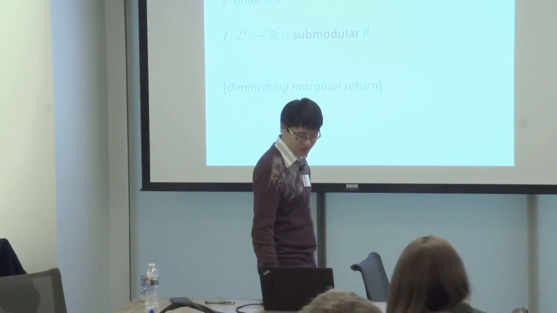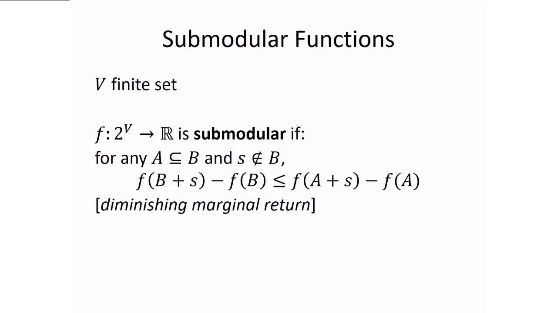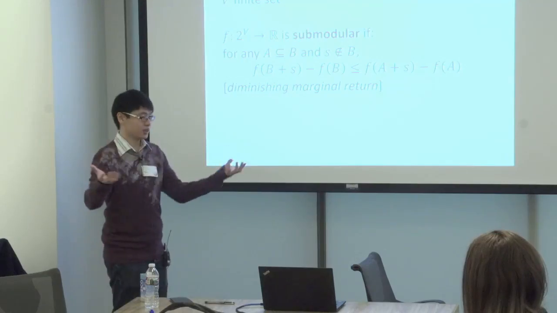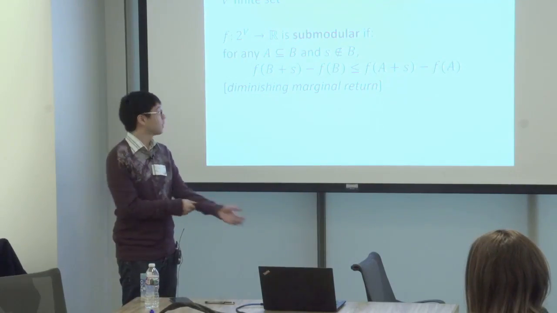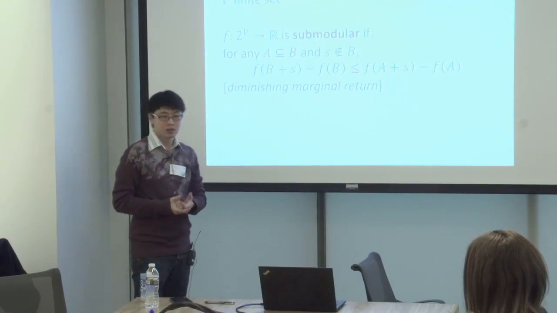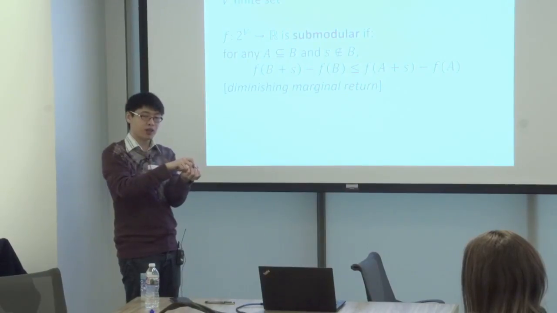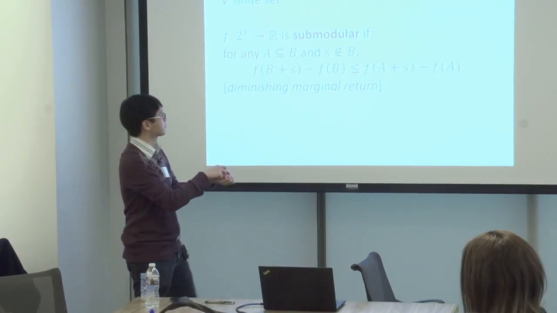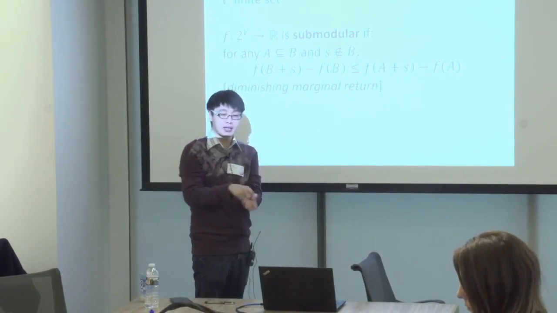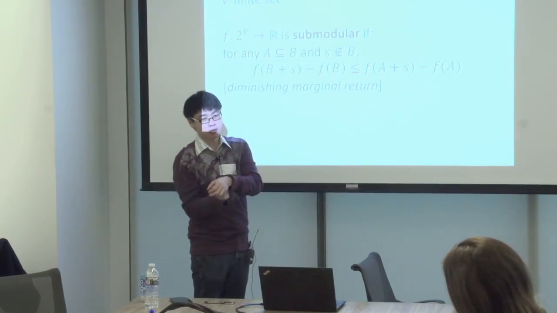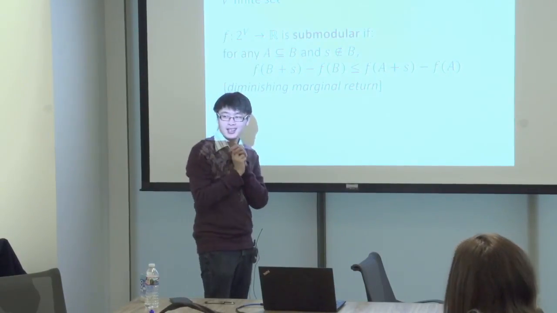So submodular functions are basically these things where we have the marginal return. It's a discrete function over a discrete set. So whenever you add something to a set, the value is going to be bigger than what you will get when you add this element to a bigger set.